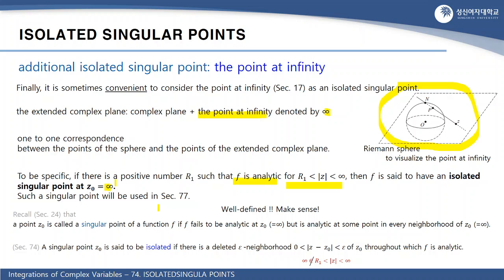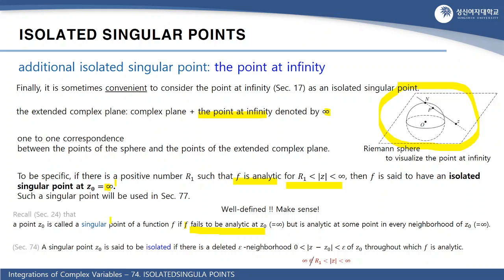Because in section 24, we have a definition of a singular point of a given function f. In this definition, if a given function f fails to be analytic at z0, but is analytic at some point in every neighborhood of z0, then we say f has a singular point.